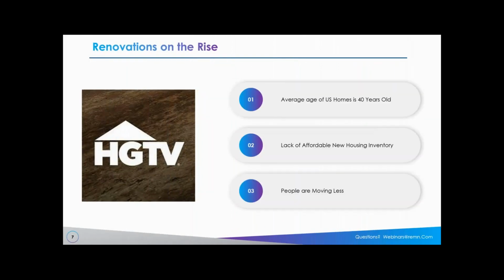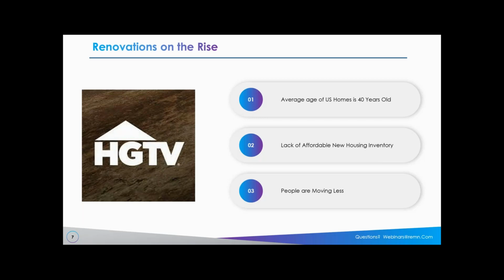Let's also take a look at some of the general bullet points behind why renovations are on the rise. A huge factor happens to also be HGTV. This has been around for a very long time, but within the last 10 years, it's really empowered people to take on projects on their own and really ramp up their homes, right?